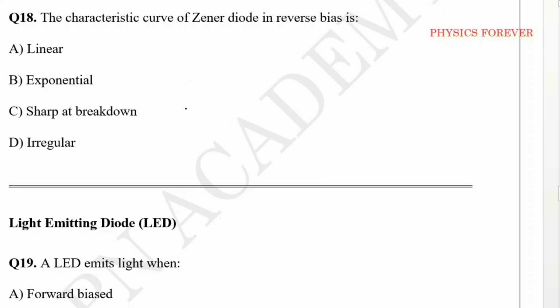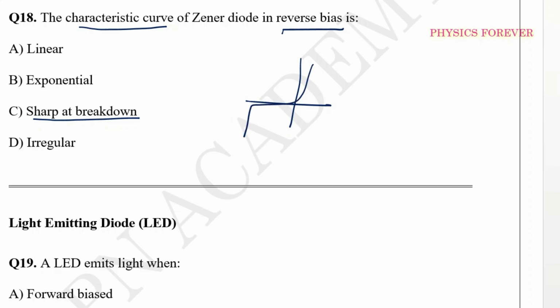So the characteristic curve of a Zener diode is important in reverse bias. What is the answer? The characteristic curve. These are the most important words. There should be a breakdown. Since it is a Zener, we can easily find it: it should be sharp at breakdown. The curve will be like this. In regular classes we have to explain the characteristic curve of the Zener diode elaborately. In reverse bias it should be sharp at breakdown.